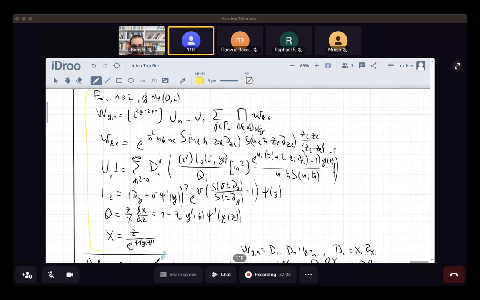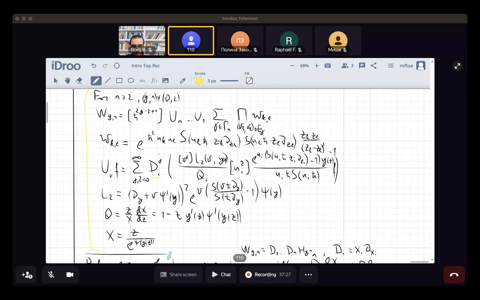Obviously, they come from Di, because Di is x d over dx, capital X, or d over d small x. So each D adds one order of the pole at the point Pi. Do you see this?